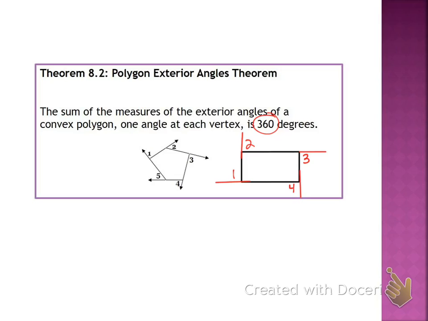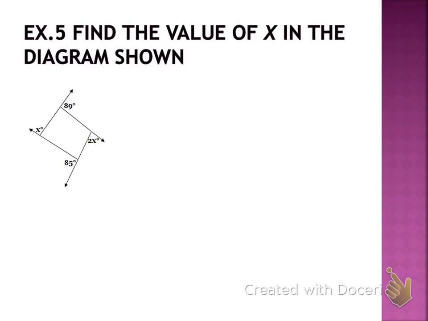Questions, concerns, need more time with that? All right, so on this diagram, are we shown interior or exterior angles? Exterior angles. So we know that the exterior angles need to add up to 360.